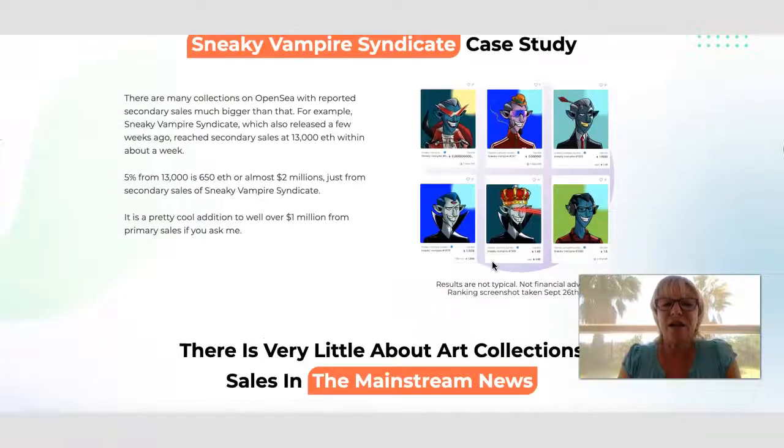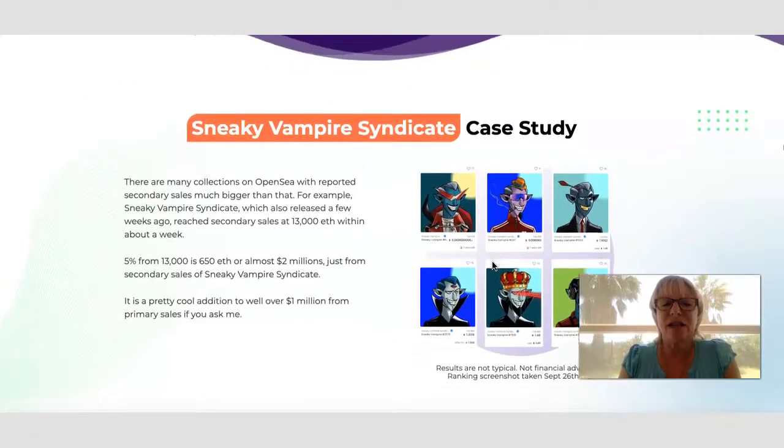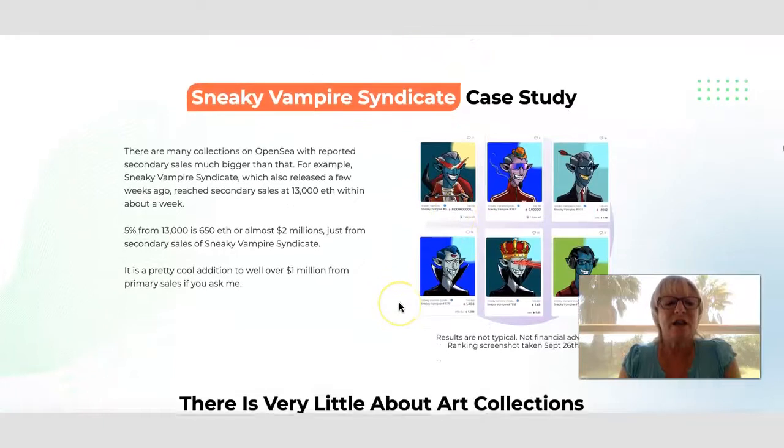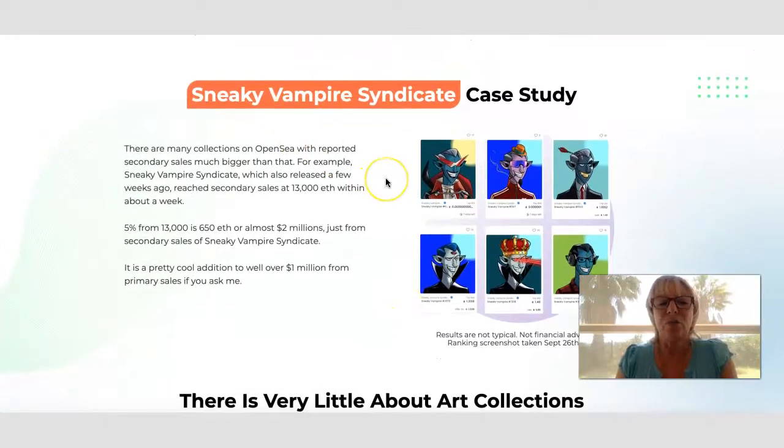So here's another case study. Sneaky Vampire Syndicate. These are collections on OpenSea with reported secondary sales much bigger. For example, Sneaky Vampire Syndicate, which also released a few weeks ago, reached secondary sales of 13,000 ETH within about a week.